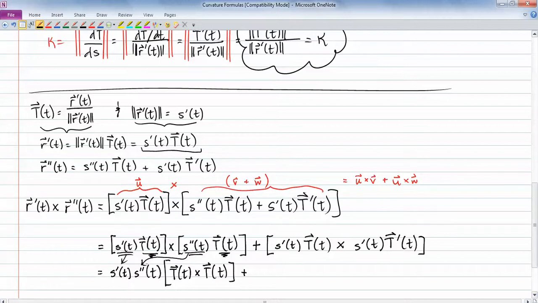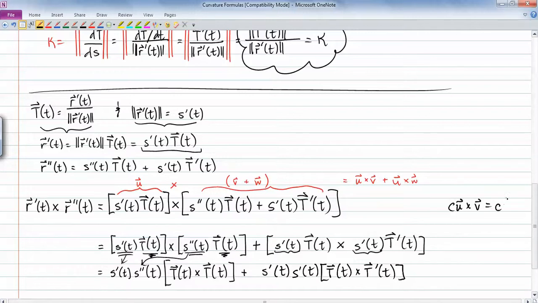So the s prime factors out once and twice, and you end up with s prime of t times another s prime of t, and then you get the T of t cross T prime of t. So that's using the rule that C u cross V turns into C of u cross V. If there's a Cu cross a Cv, you actually get C squared u cross v.